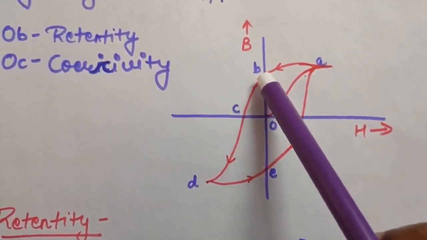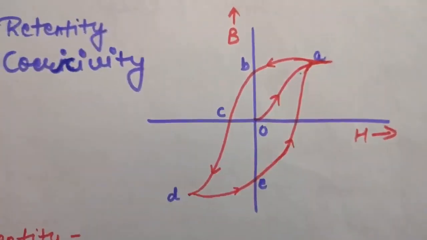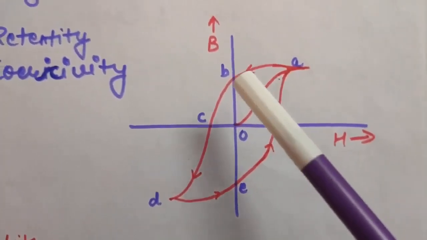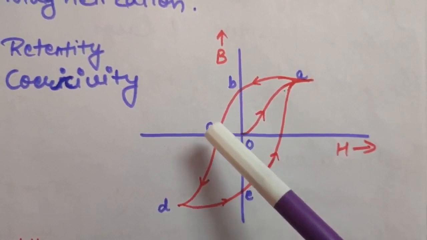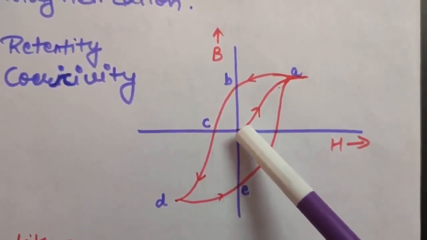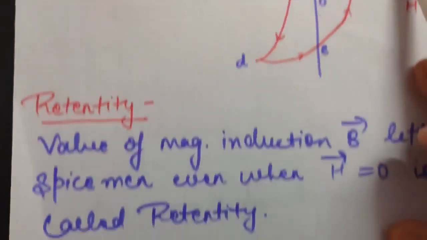Now at this point, to reduce this retentivity to 0, we apply the current in the reverse direction. This point represents that the current is reversed and then increased. So we will reach a point C where retentivity has completely reduced to 0. So now this OC can be defined as coercivity. How can we define coercivity?